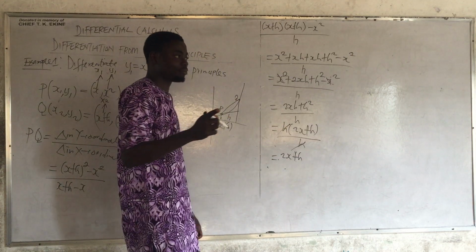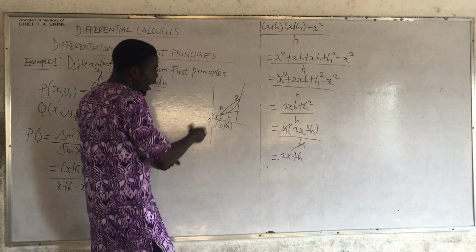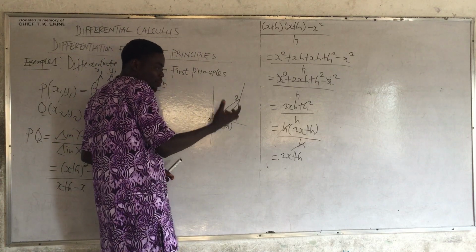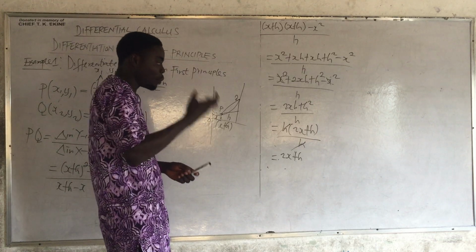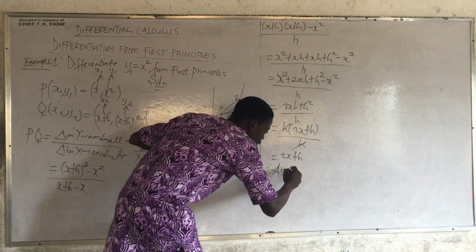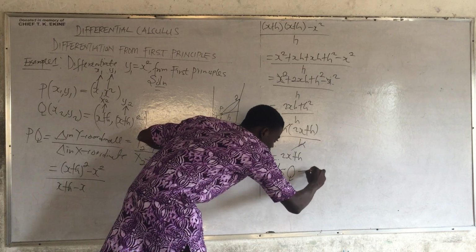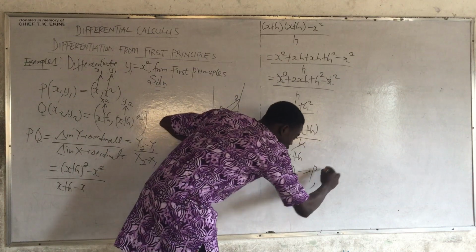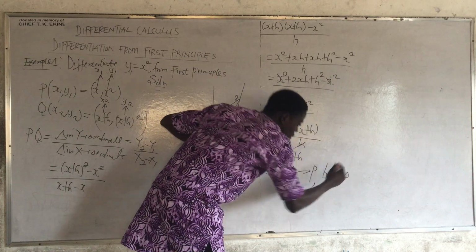But we said from the graph, as Q tends to P, as Q moves, h tends to 0. h becomes smaller. So you write: therefore, as Q tends to P, in other words, as Q moves to P, h tends to 0.